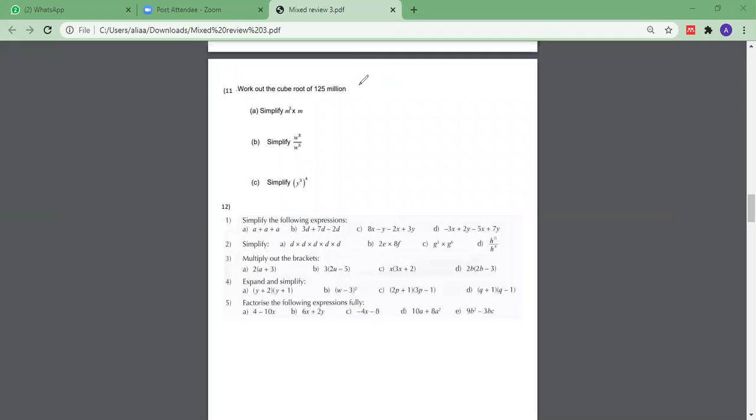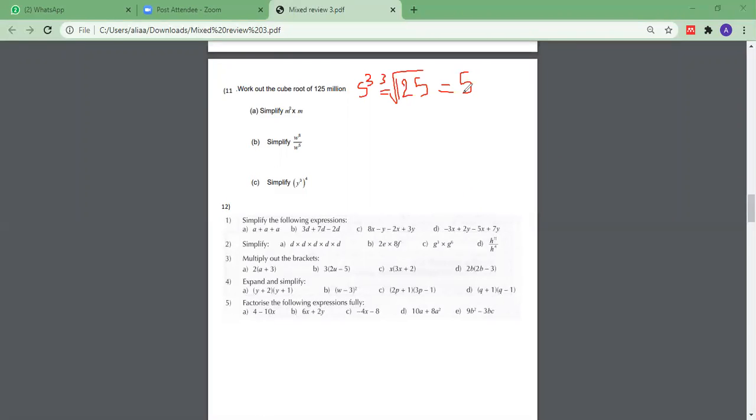So 5 power 3 is equal to 125, as we said in the last question. So if I put a cube root like this, 125, it will give me 5.